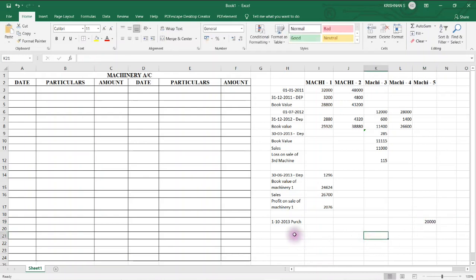Next, we need to calculate depreciation for the machineries other than the machineries which were sold.